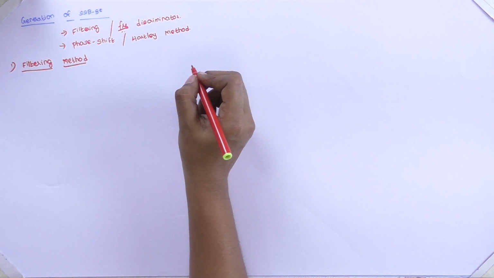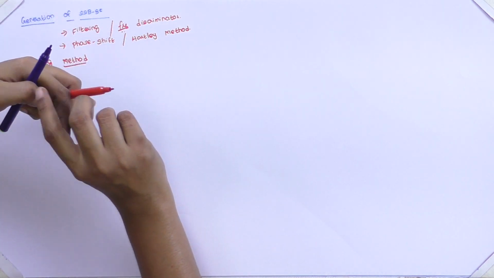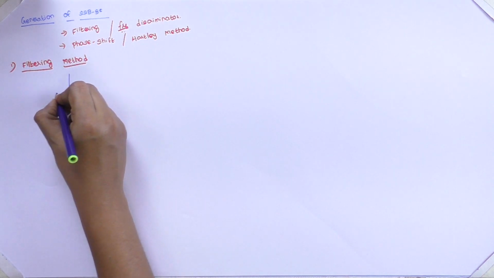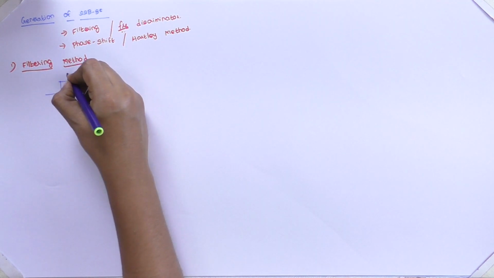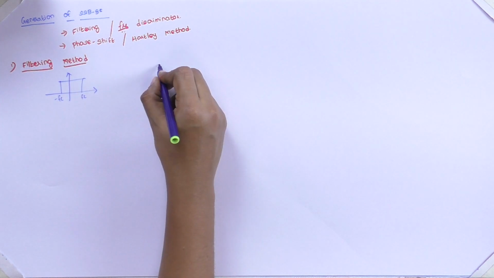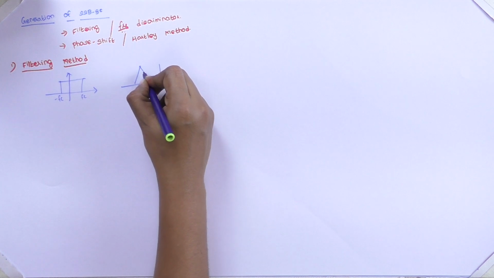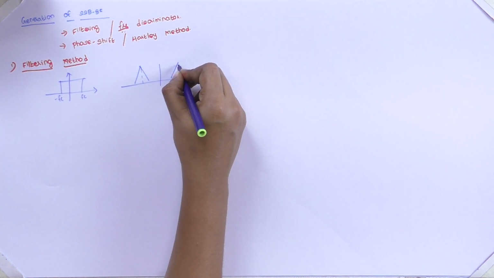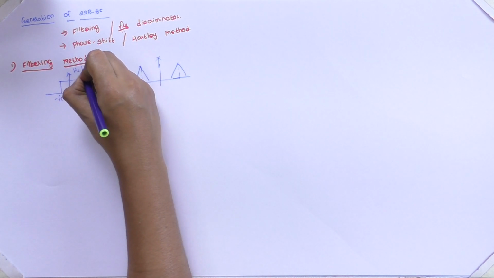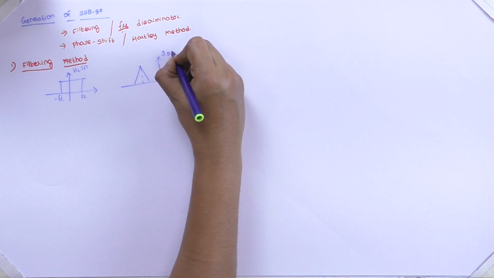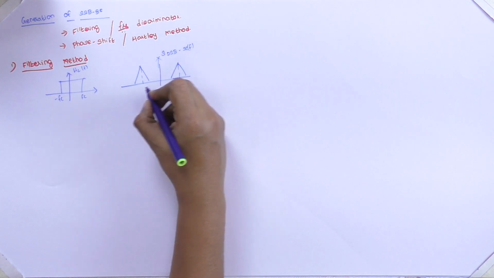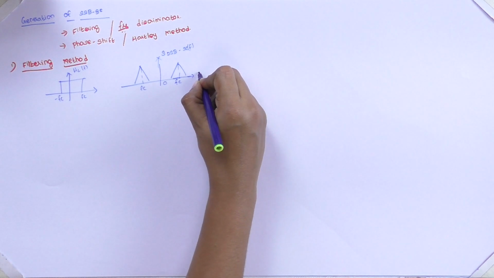The practical difficulty which we are facing in the sideband filter is that the single sideband filter has to abruptly cut off. See here, this is our double sideband suppressed carrier waveform in the frequency domain. So this is our H of F and this is our DSB-SC waveform, with FC and 0 on the F axis.